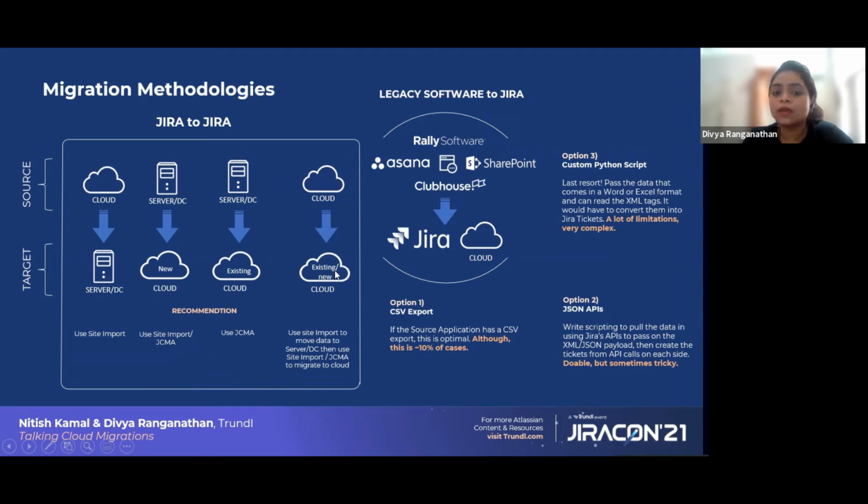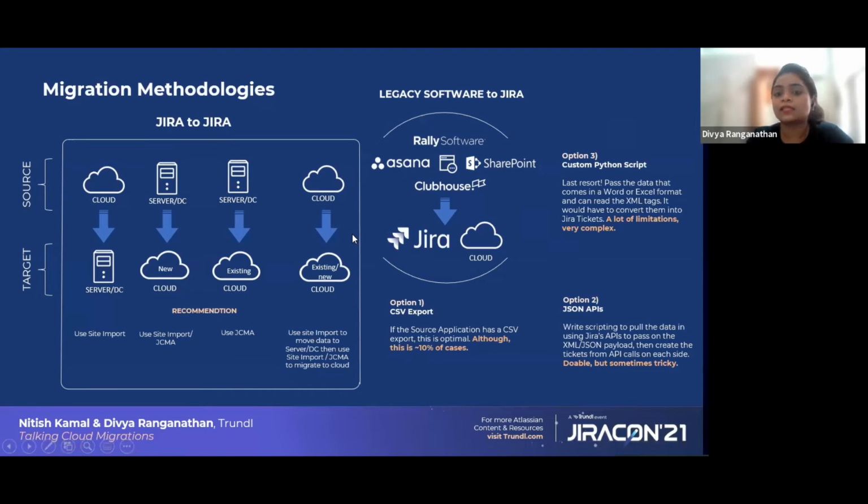Next comes the cloud to cloud migration. Cloud to cloud migration can be done in two steps. First, you need to migrate the cloud instance to a server or DC instance, and then from the server or DC instance, you need to migrate to the cloud instance. This is one complicated process we have currently, but Atlassian has developed a tool to overcome this effort. Currently it is not in place, so we need to follow the traditional method.